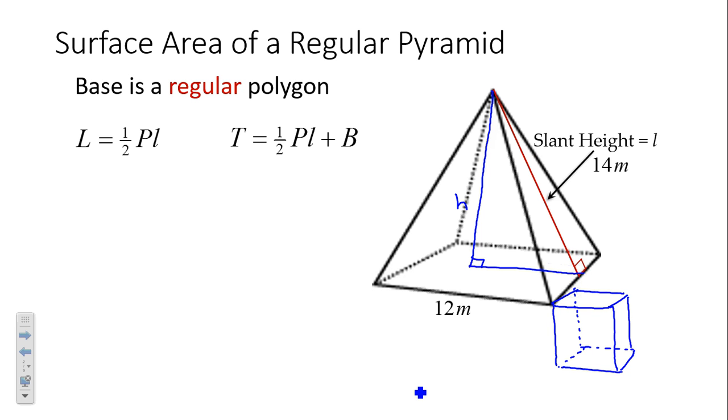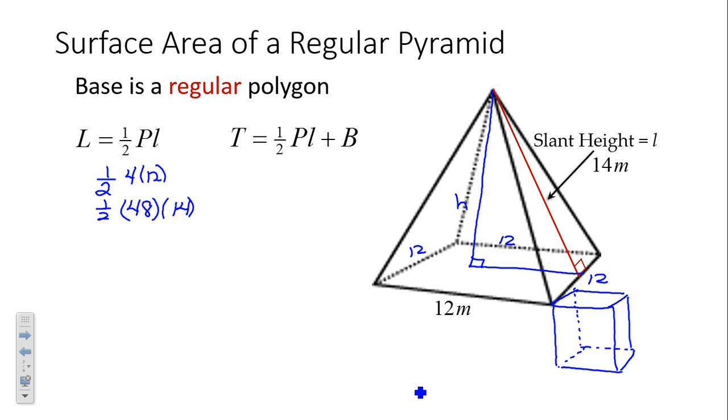How are we going to find the perimeter of this square? Add them all up. You can either add 12 four times, or you can take 4 times 12. So what's 4 times 12? 48. So the perimeter was 4 times 12, or 48. And what's the slant height of this guy? 14.